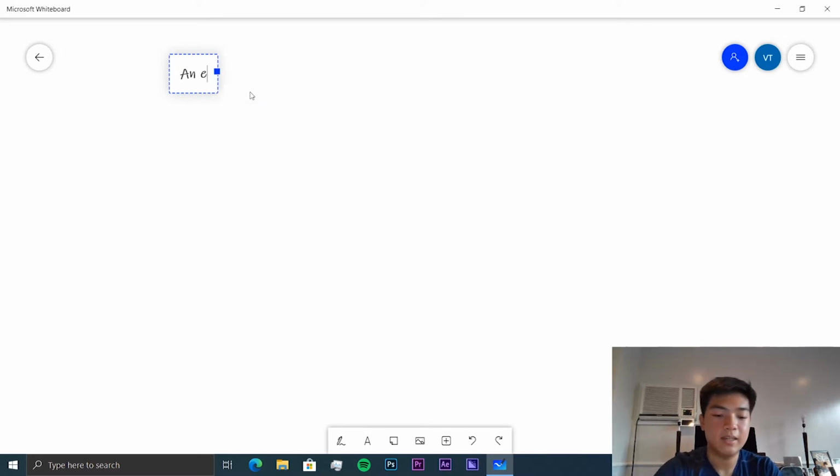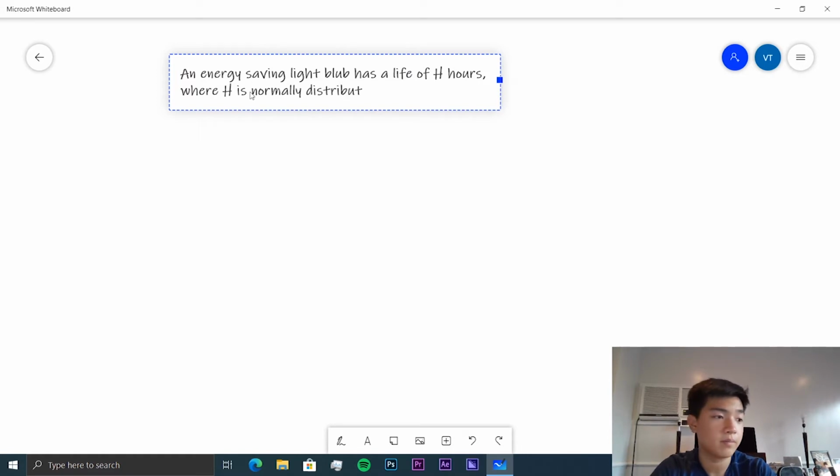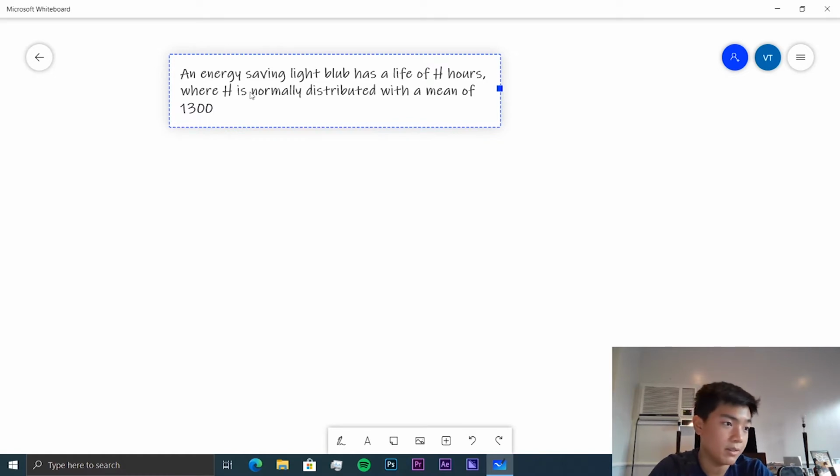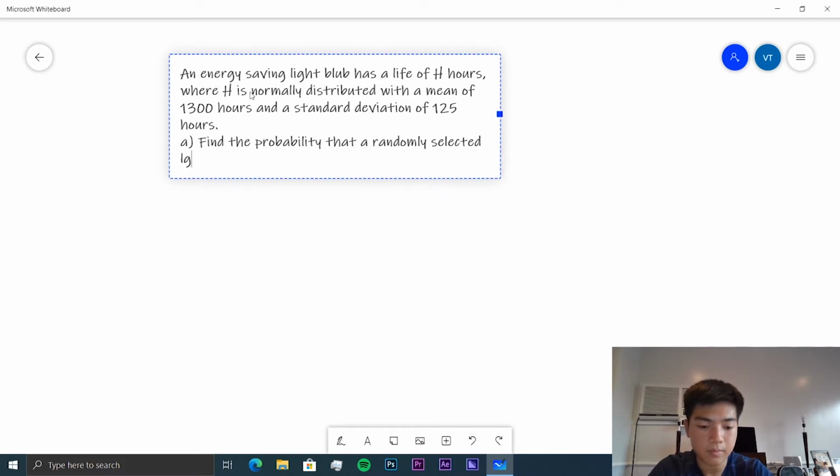Okay, cool. Next, an energy saving light bulb has a life of H hours, where H is normally distributed with a mean of 1,300 hours and a standard deviation of 125 hours. So first, find the probability that a randomly selected light bulb will last for more than 1,500 hours.